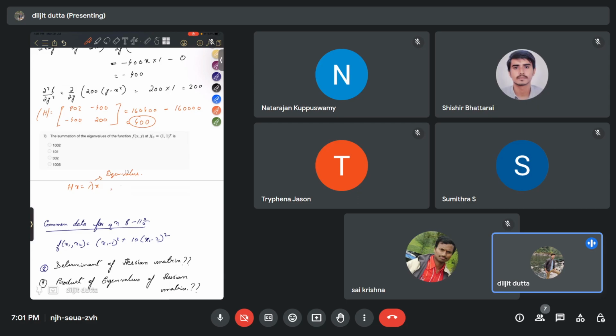How do you find the eigenvalue? The determinant of H minus lambda I is equal to 0. So in that case we will have the matrix with 802 minus lambda, minus 400, minus 400 and 200 minus lambda, equal to 0.